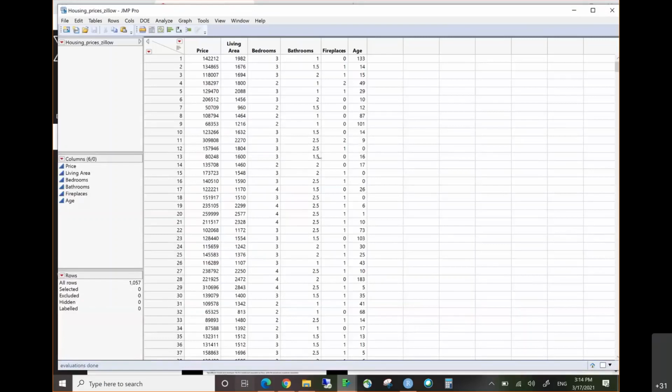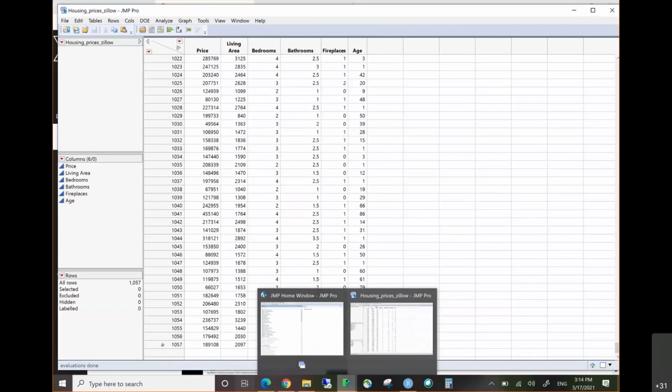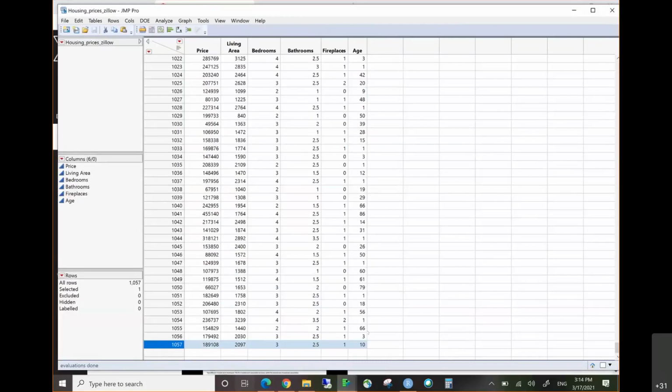All right, so in this data set, we totally have 1,057 houses, right? So we totally have 1,057 observations.